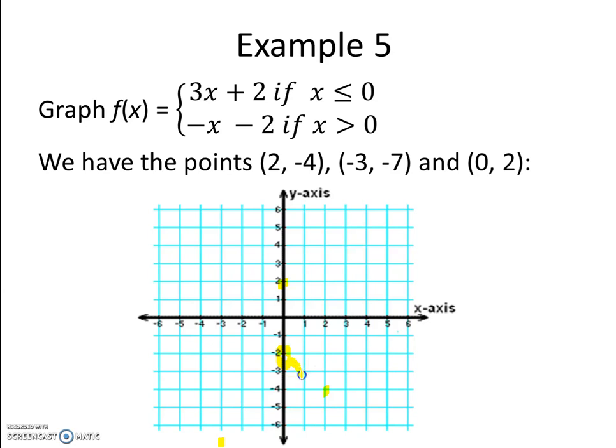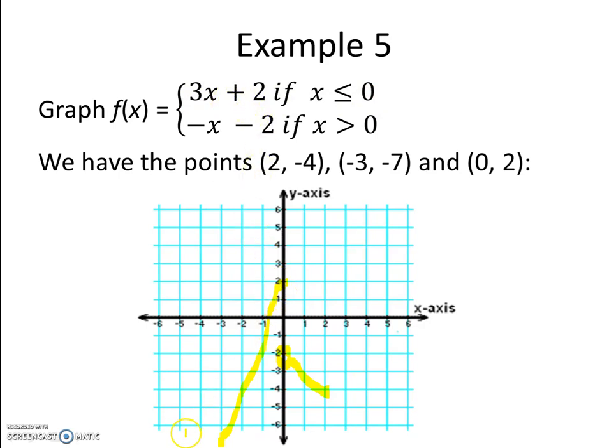So here we have the graph if x is greater than 0, and here is the graph if it is less than 0. So let's take a look and see if that makes sense. If x is less than or equal to 0, that's a positive slope, and a y-intercept of 2 sure is.